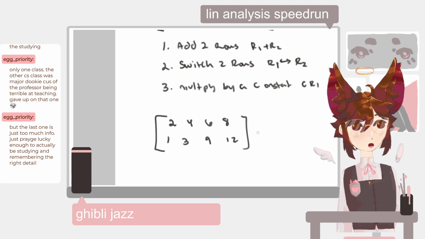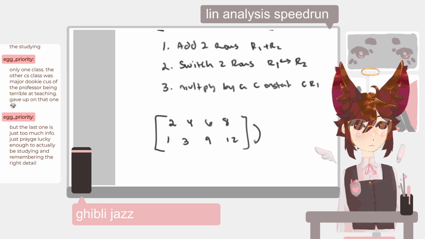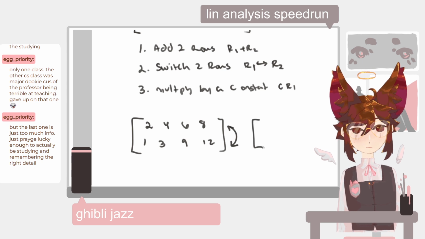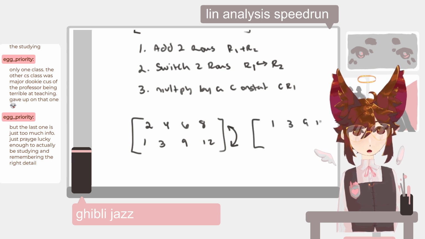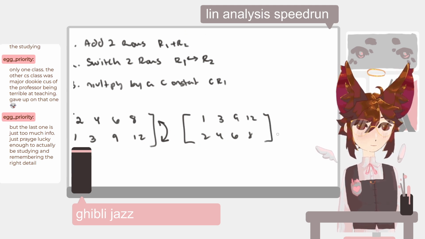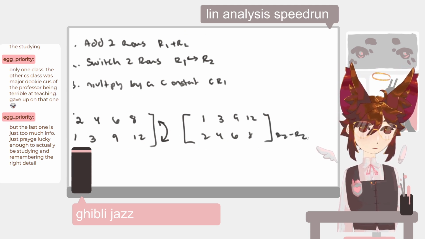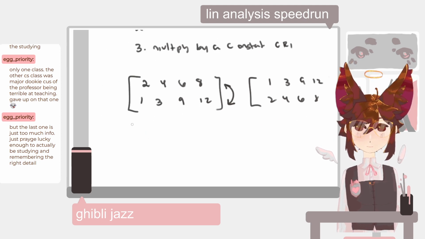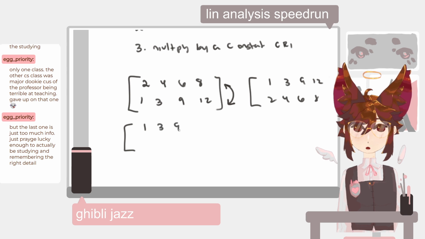The fastest way to get a 1 in the top left is to switch these, right? 1, 3, 9, 12. 2, 4, 6, 8. Fastest way to get rid of this 2 on the bottom, row 2 minus 2 row 1. That 3, 9, 12.